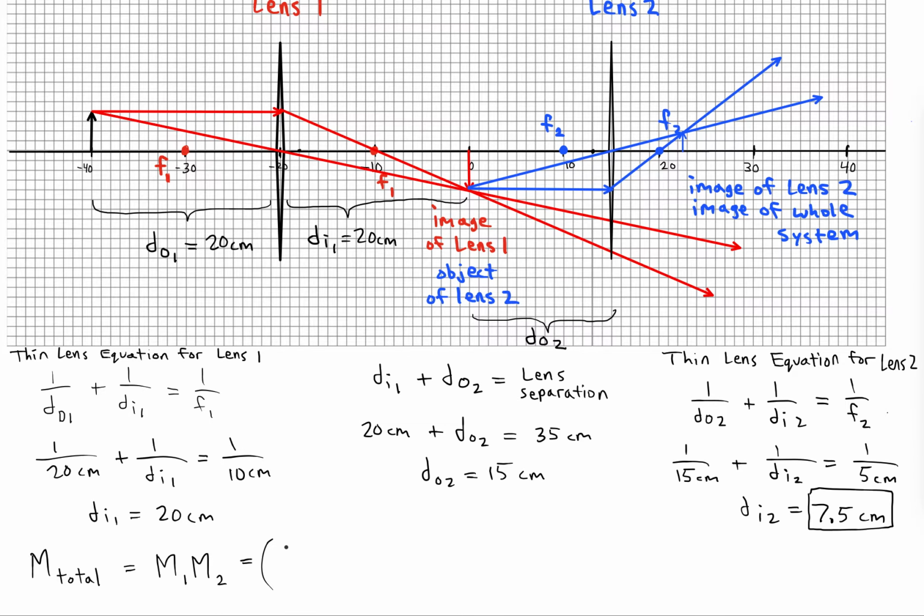We'll replace magnification 1 with DI1 over DO1, and then replace magnification 2 with DI2 over DO2. Alright, so let's see. DI1 was 20. DO1 was also 20. So we're going to get a -1 magnification out of that first lens.